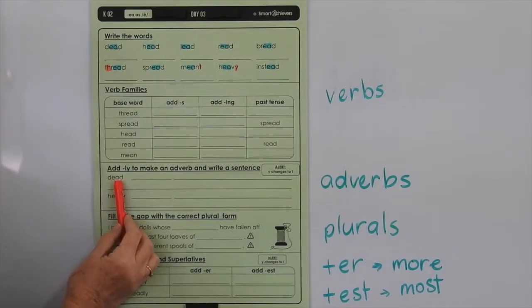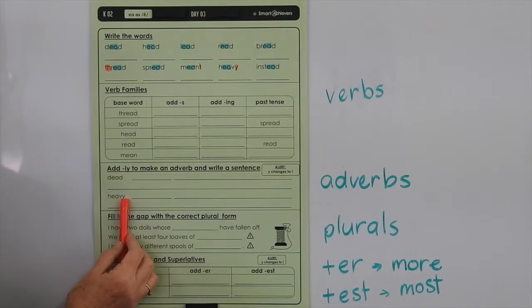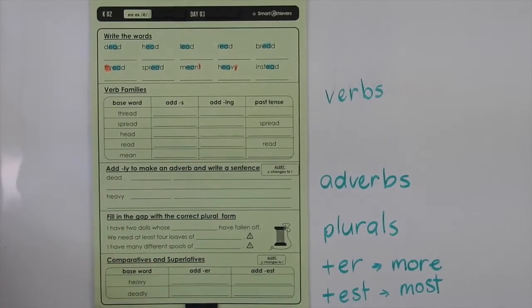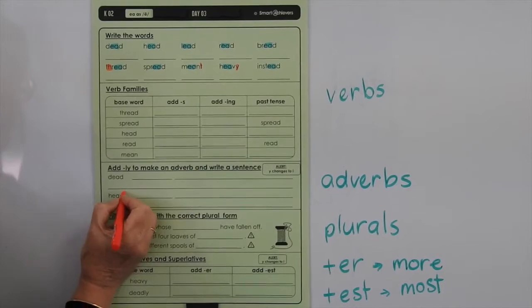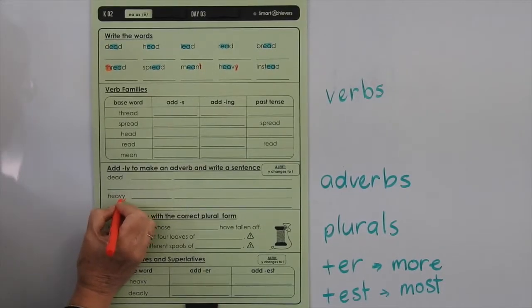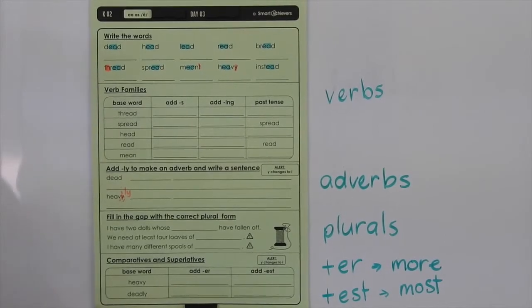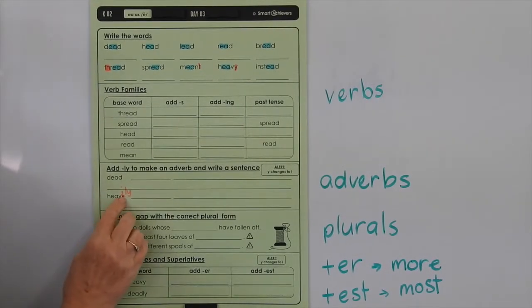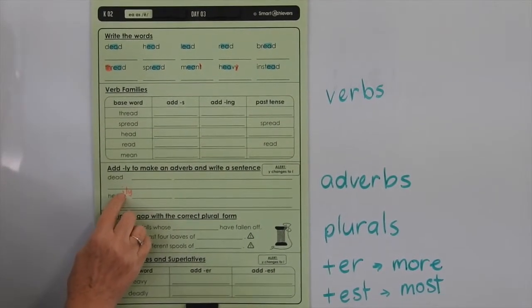So we'd have deadly. Now, if you have a word ending in a Y and there's a consonant before it, so yes, heavy, we've got an ending in a Y and there's a consonant before it, we have to change the Y to an I before we add the ly. We can't go heavely. We still need that it sound there, so we go heavily.